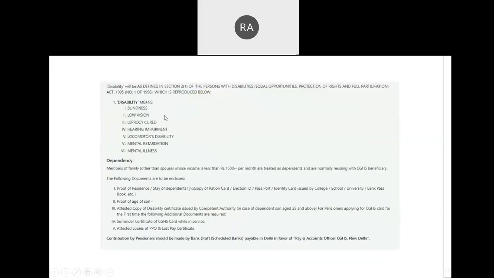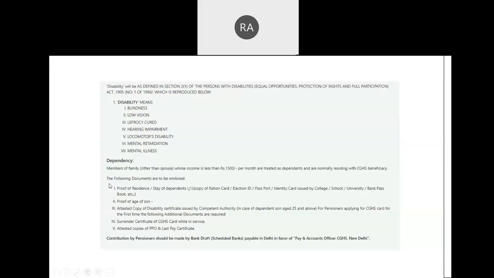Then whatever the disabilities, that is also defined here. Who are the dependents? Members of the family whose income is less than 1500 per month are treated as dependents and are normally residing with the beneficiary.